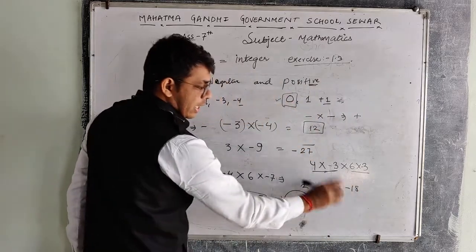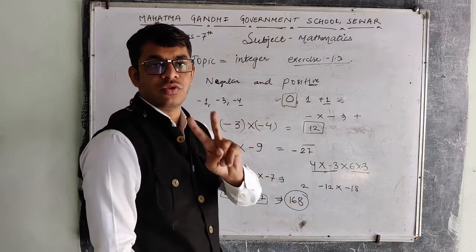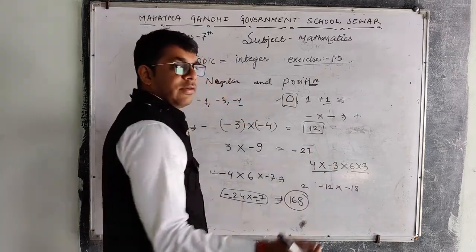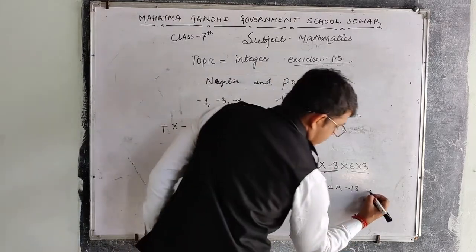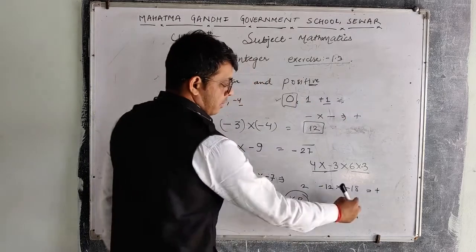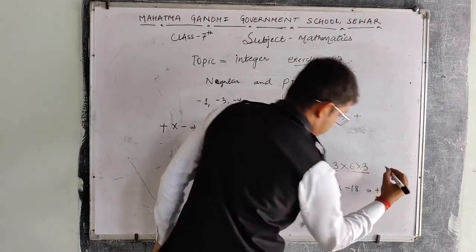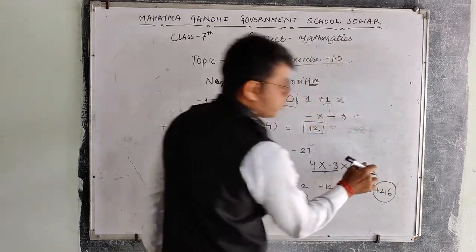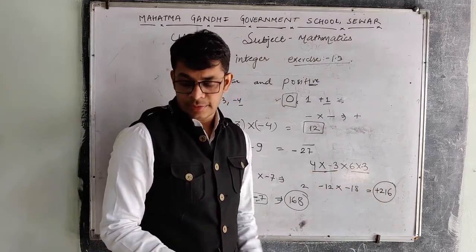So two negative integers we got after multiplication of two batches, and both are negative numbers. When they are multiplied, the result will be positive. The result will be 216, which is a positive integer.